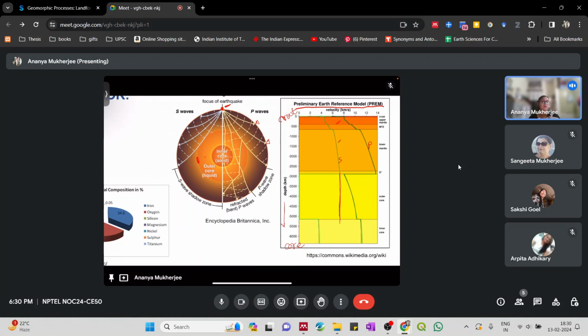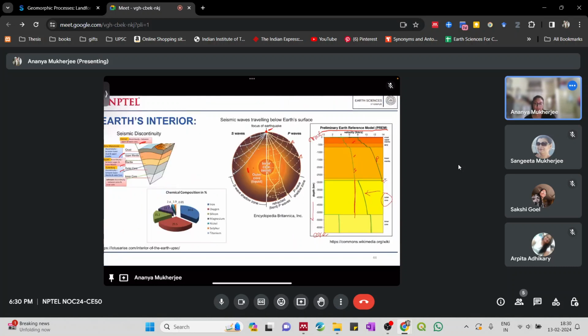Since with the studies we have seen that S waves are not passing through the outer core, the inference was made that the outer core is liquid. And even if you compare your P waves, when the P waves are entering your outer core, there is a sharp decrease in the velocity of the P wave also. So this again helps us in understanding the nature of the layer itself.